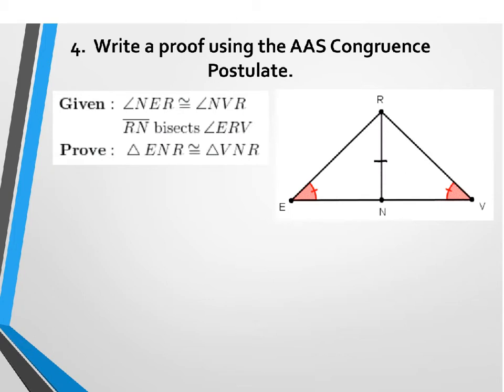And then it also states in the given information that RN bisects this angle right here. So that angle is this one right here, ERV. This angle right here is bisected by this RN, meaning it splits it in half into 2 congruent parts. So we know that this right here is congruent to this right here.